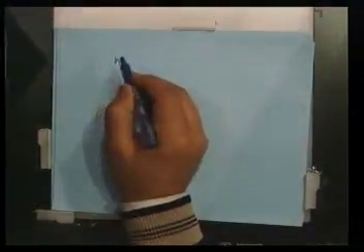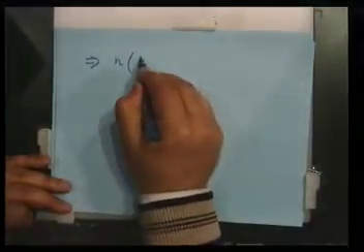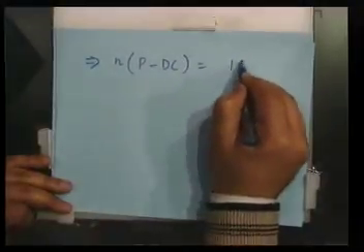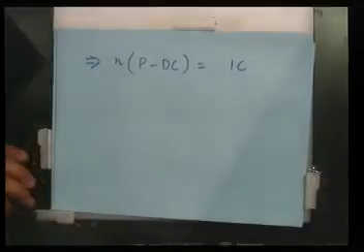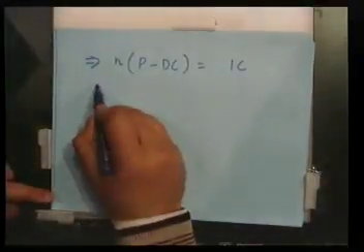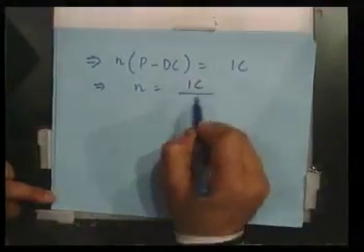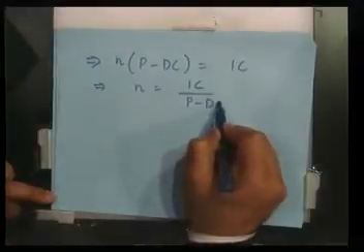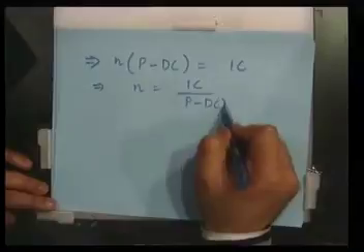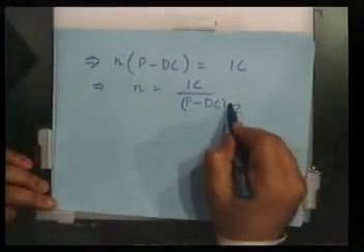We can write it like this. This implies P minus DC times N is equal to IC. This implies N is equal to IC upon P minus DC. Now, this particular term P minus DC is also known as contribution.